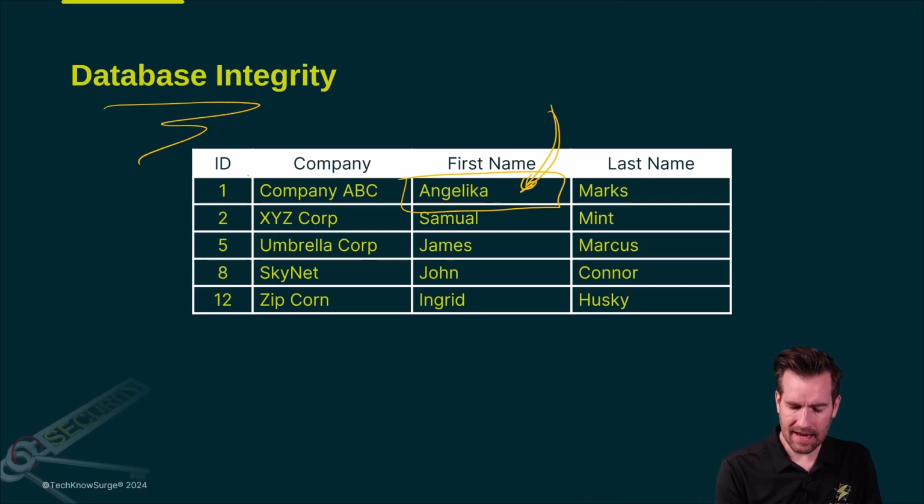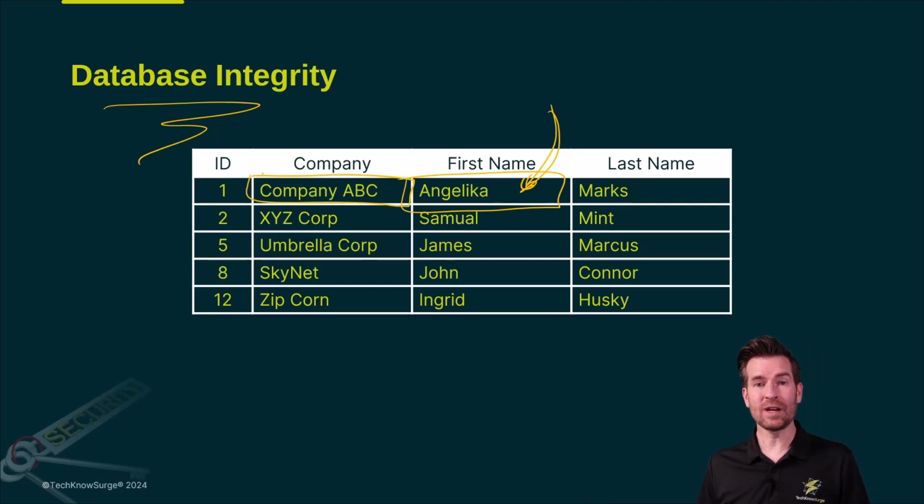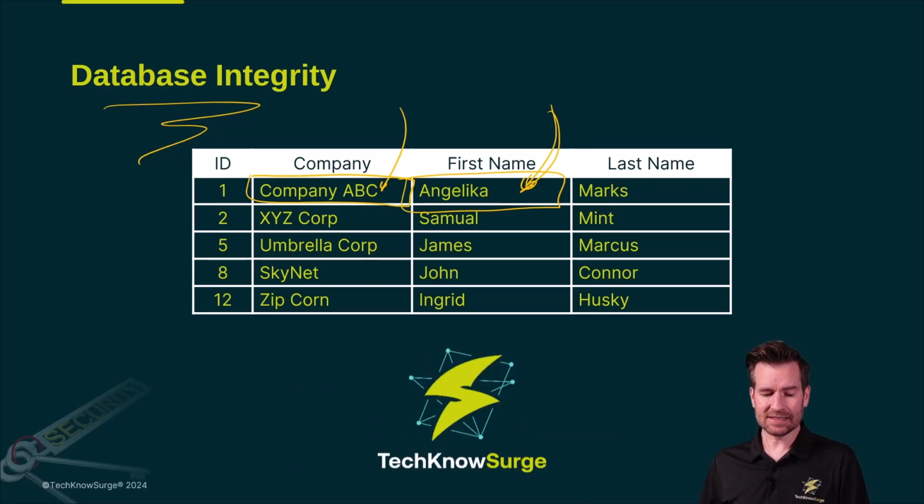Same thing with, let's say, a company name. If we don't have the company name correct, that might not be as big of a deal as a first name, except for if we could end up with multiple records of the same company because we spelled it differently every time. And another example is maybe we have a zip code that's in this table as well.